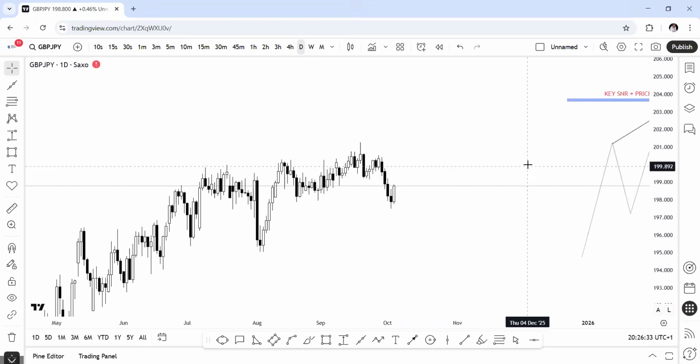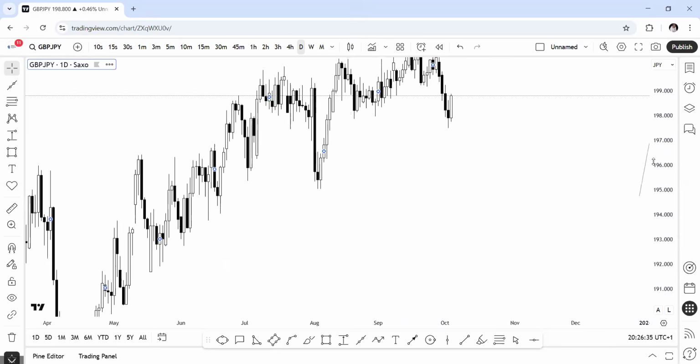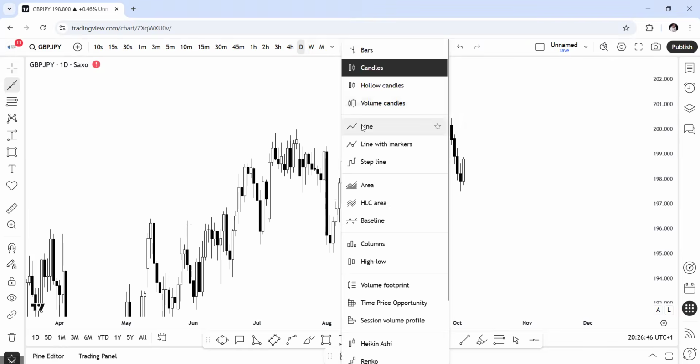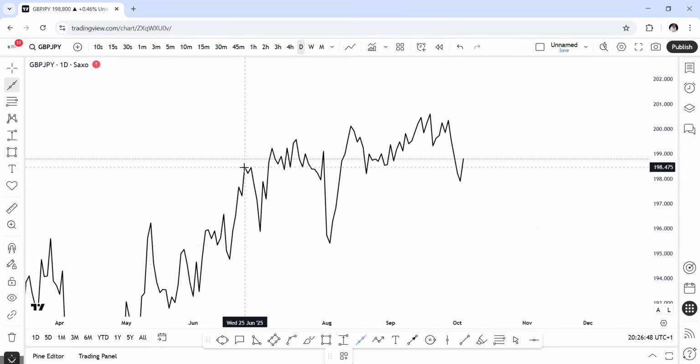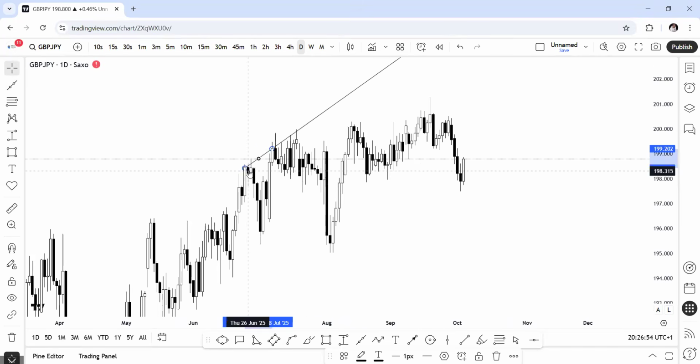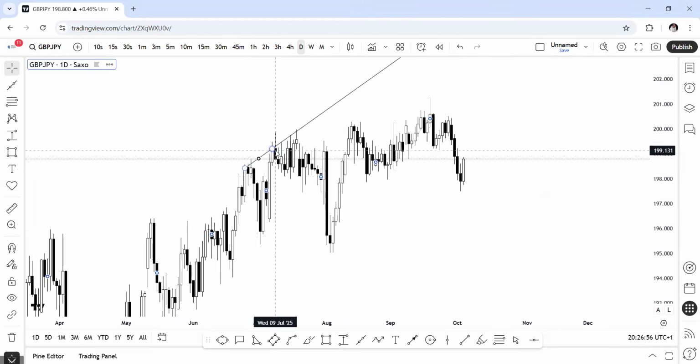Let's see examples. For example, we have this angle. See it. First point, second point, then from there, price moves down.